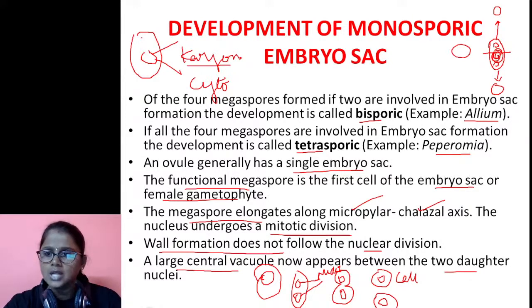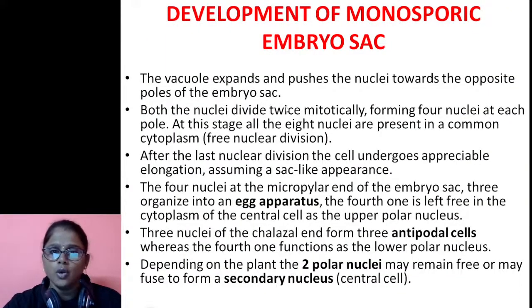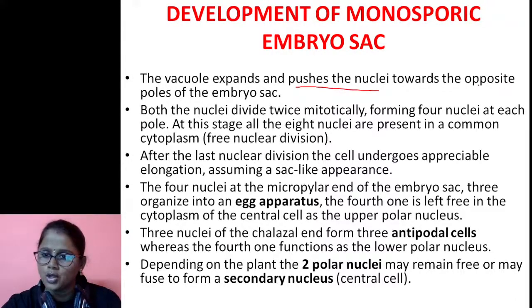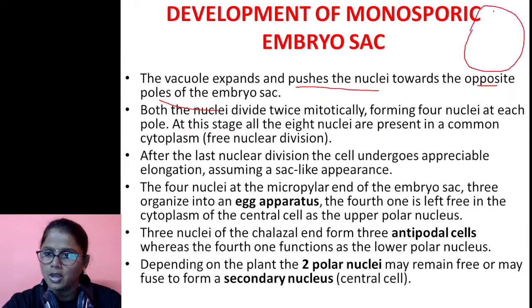So this large vacuole is going to push the nuclei to the two polar ends. Okay, so they are going to push the daughter nuclei to the two opposite poles of the embryo sac. So ரெண்டு போலுக்கு வந்து அவங்க போயிட போறாங்க. Okay, so one to the chalazal pole, another one to the micropylar pole.